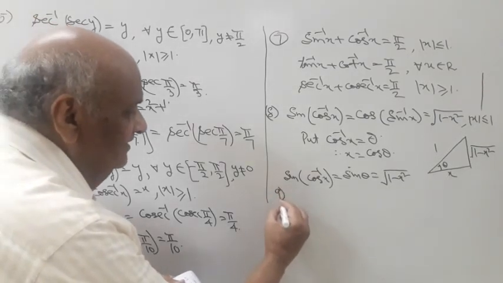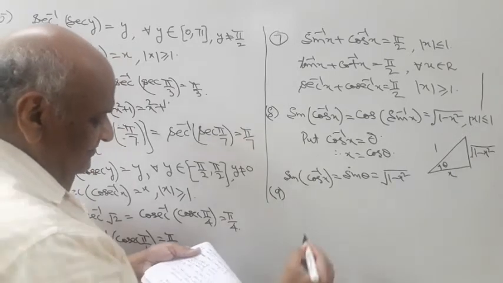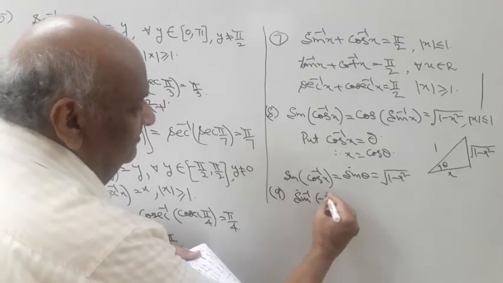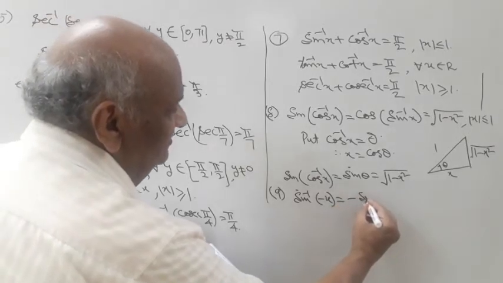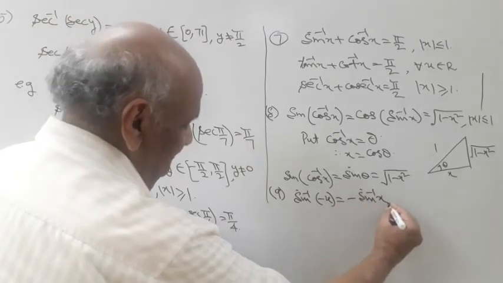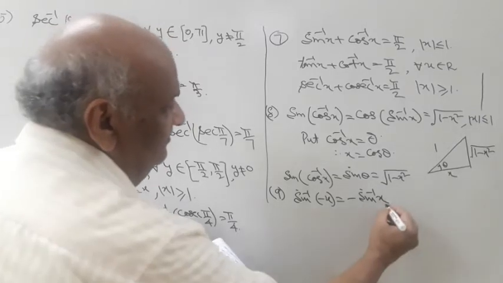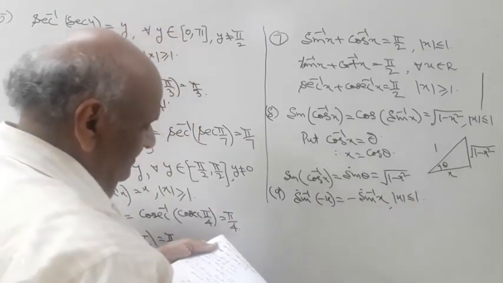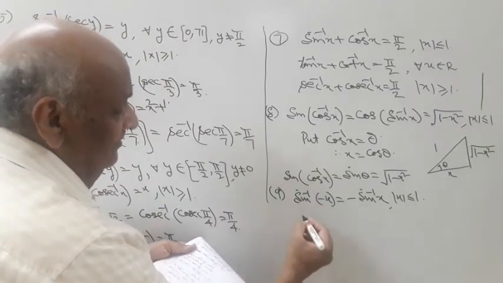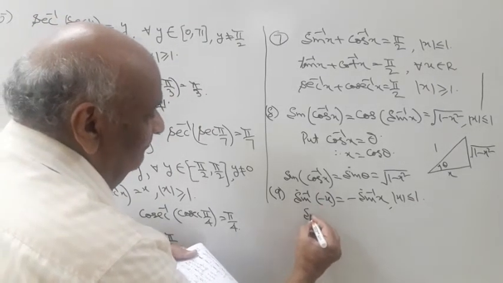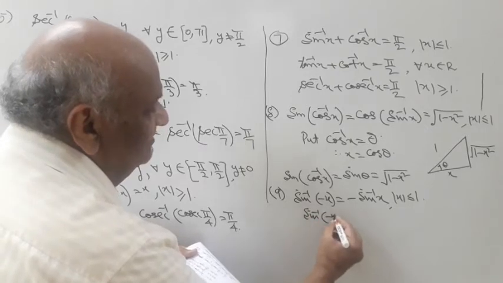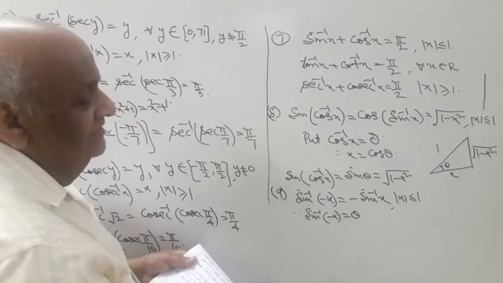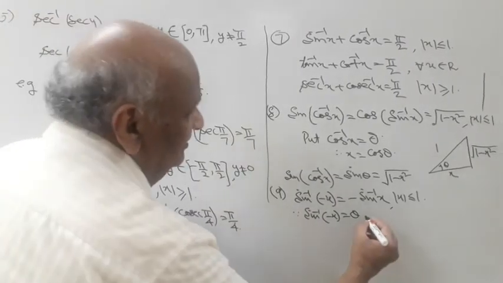Now take up the ninth case. It is sine inverse of minus x is minus sine inverse of x. Check up please. Again we say that modulo x less than or equal to 1. Look, here you can check up the proof. We say sine inverse of minus x is equal to theta.